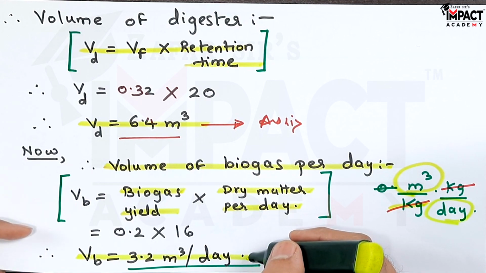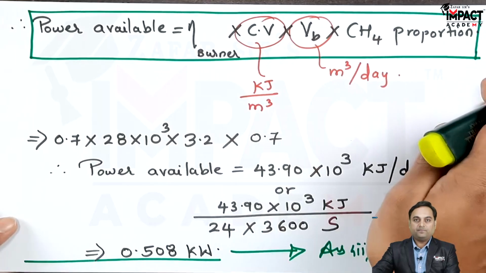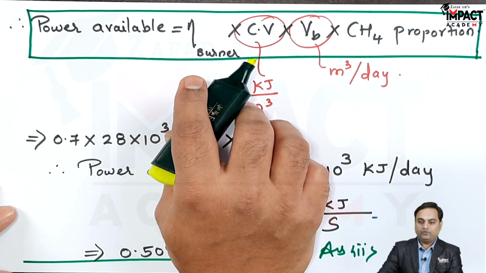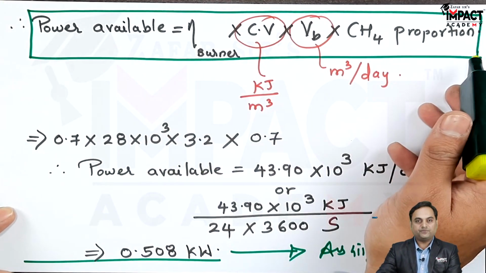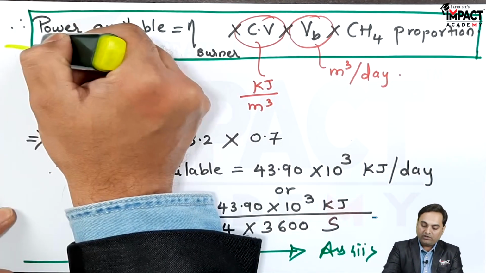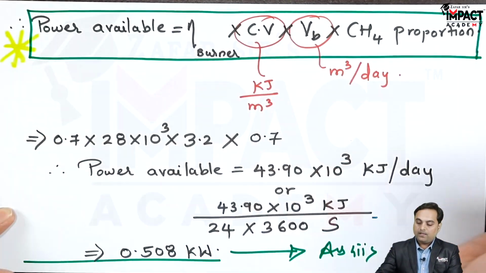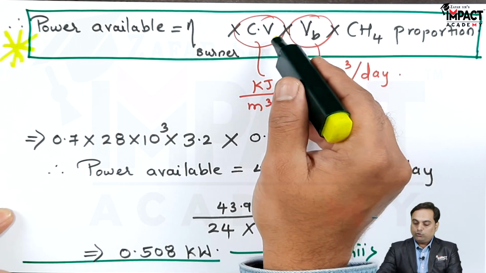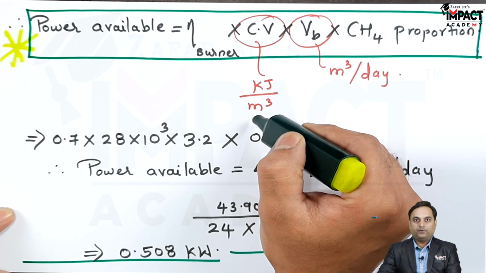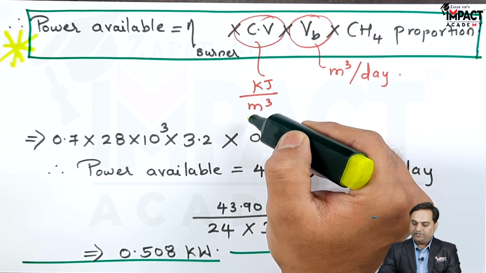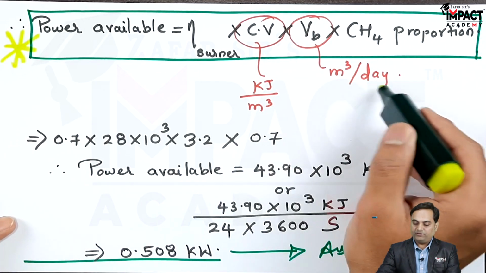Now the power available formula which we have to find out. Power available is given by burner efficiency into calorific value into V suffix B into CH4 proportion. This formula you will have to remember. The unit of CV should be in kilojoule per meter cube as converted in the data, and V suffix B is in meter cube per day.